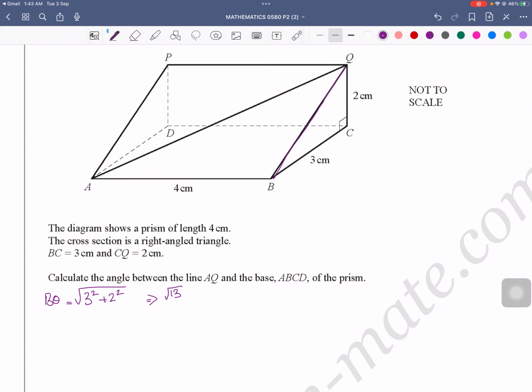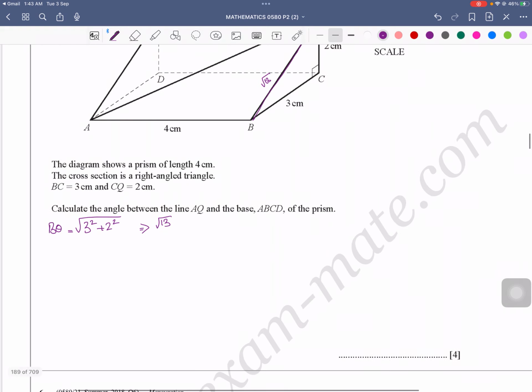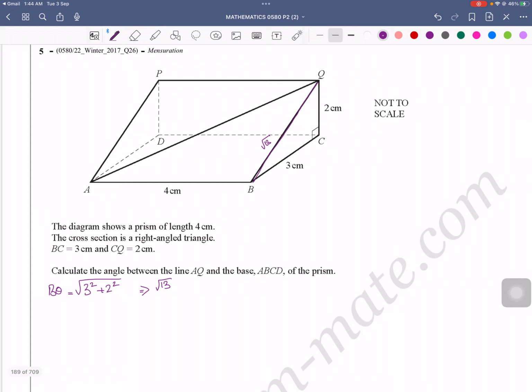Now we have found the BQ. The BQ is root 13, right? Now all we need to do is find the angle, right? So let's digest this step by step. We have a prism, and in this prism the cross-sectional area is given to us.